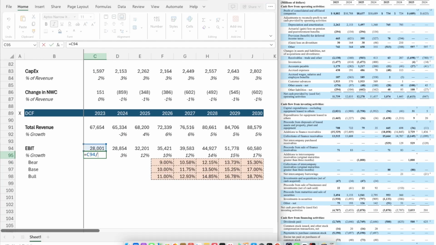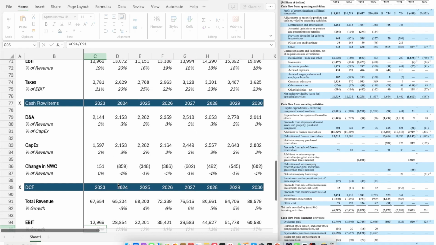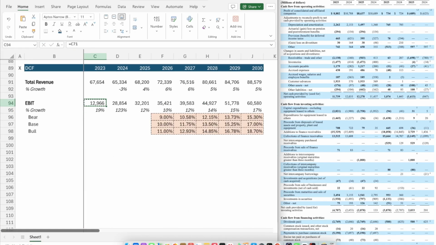We want to know what this is as a percentage of. This has to equal what we put here. Copy that across. Okay, let's sort these out first.